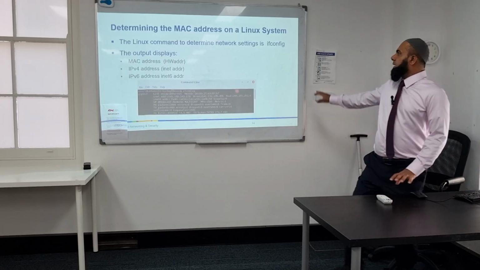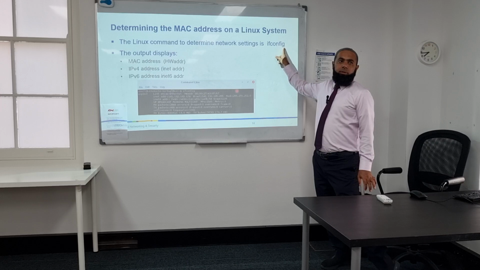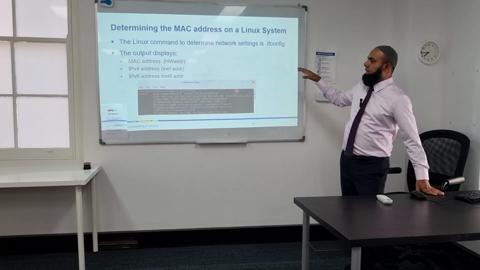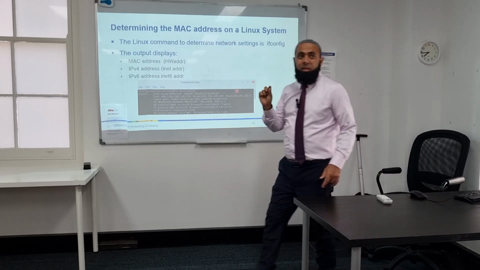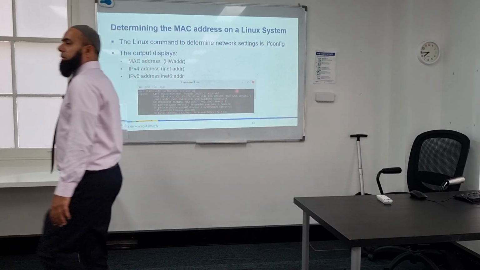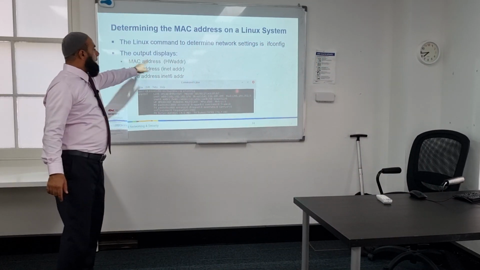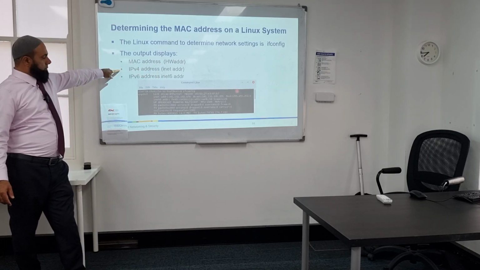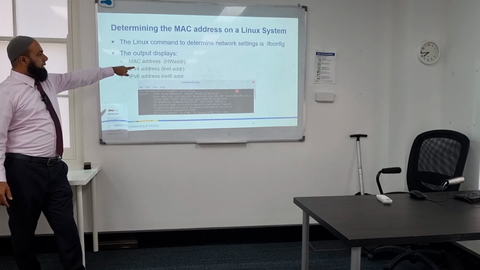And similarly in Linux, we have the command ifconfig. We have seen last time as well, where you can see again, yeah, the names are a bit different. That's important. Please remember that, or maybe write it down. MAC is known as HW address, whereas IPv4 is the inet address, and IPv6 is the inet6 address.